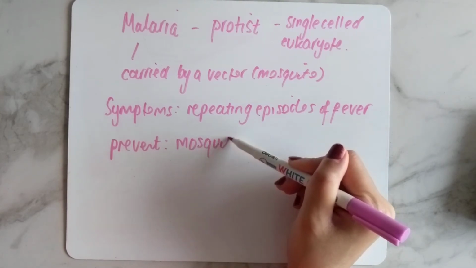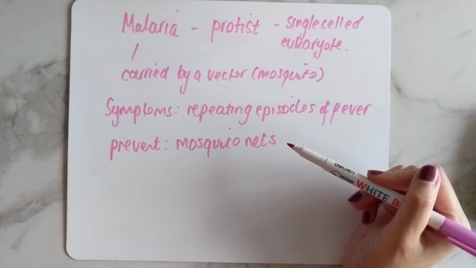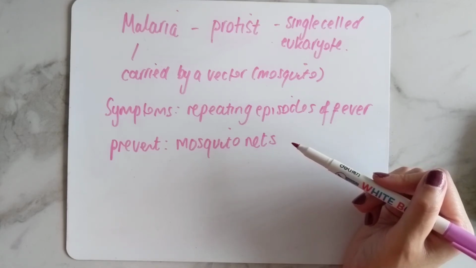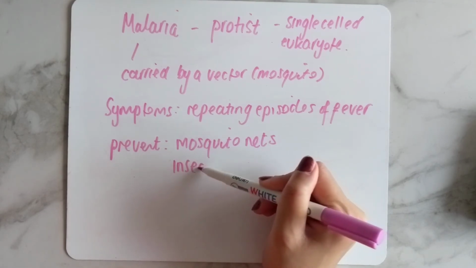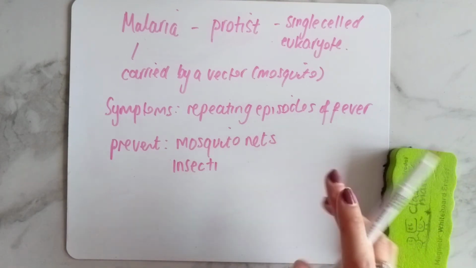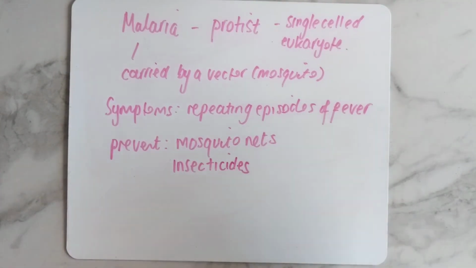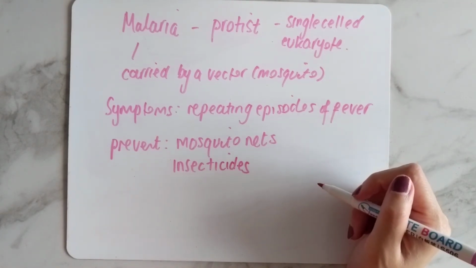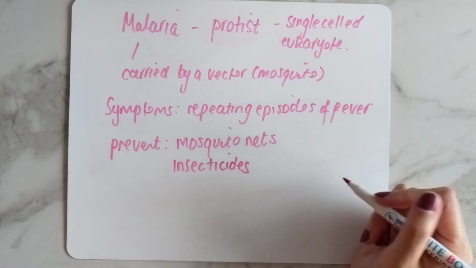So maybe if you've gone on holiday, you might have slept with mosquito nets around you. You might have used bug spray to keep the mosquitoes away. And also you can use insecticides. So just like fungicides is a spray that kills fungus, insecticides is a spray that kills insects.